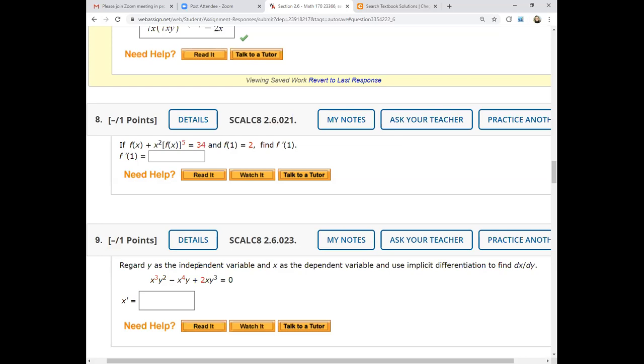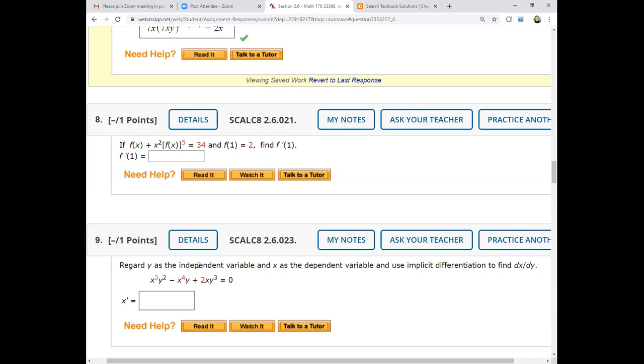And then what I get is 81 f prime of 1 is equal to negative 64. So then divide by 81 and we get, can I simplify?